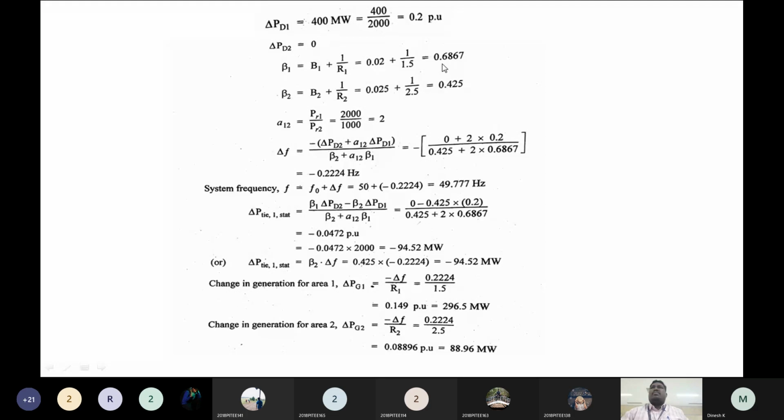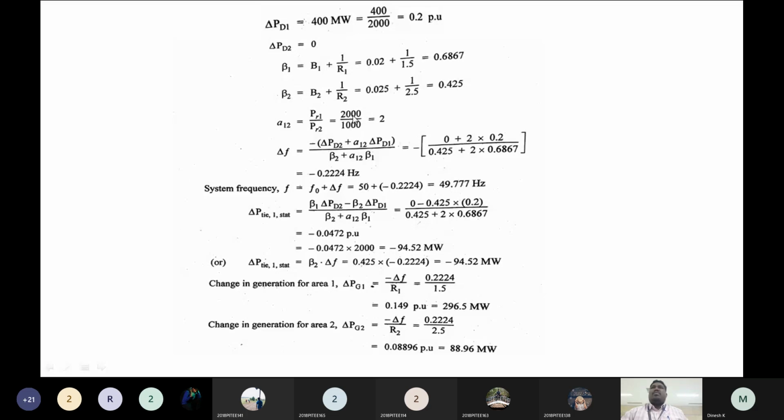The value is 0.687. Likewise, beta 2 is B2 plus 1 by R2. You know the values for B2 as well as R2. So 0.025 plus 1 by 2.5, 0.425. The A12 is nothing but the ratio of PR1 by PR2, the MVA ratings of both the machines.